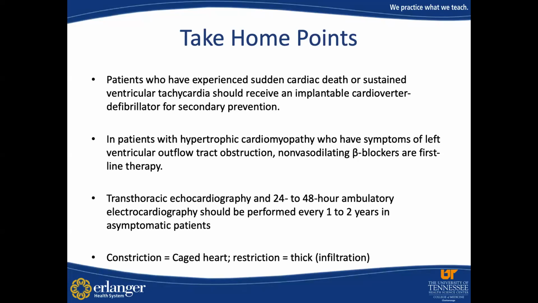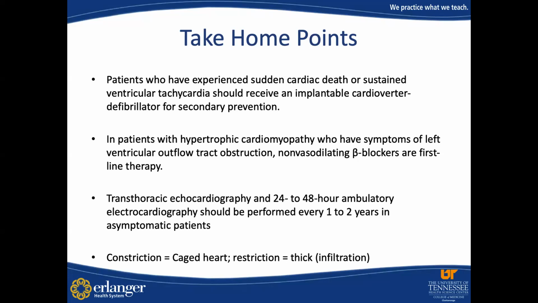And then you want to get a transthoracic echo every 24 to 48 hours, and every 1 to 2 years for the asymptomatic patients. It's like an ambulatory ECG as well. It's kind of like an MCOT, but we have a little patch now that we can put on. You'll probably have seen them in the hospital.